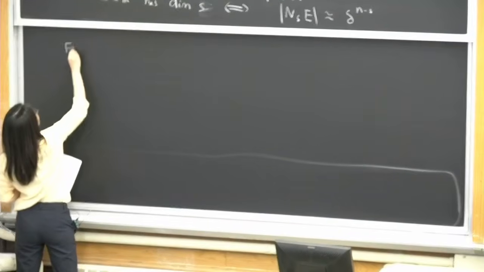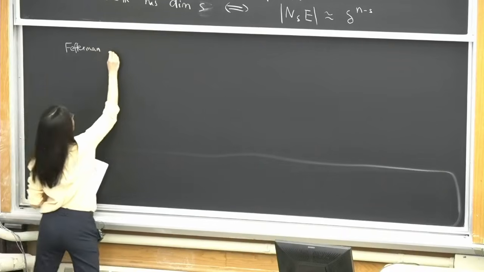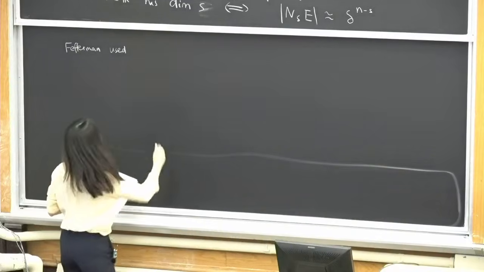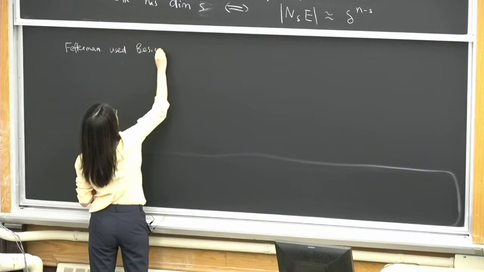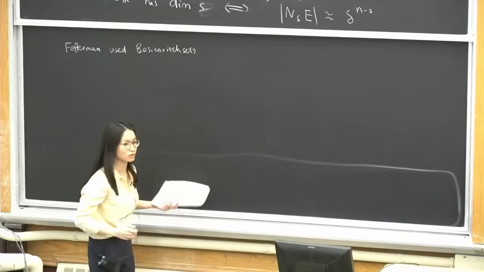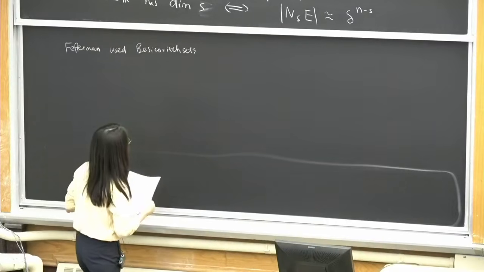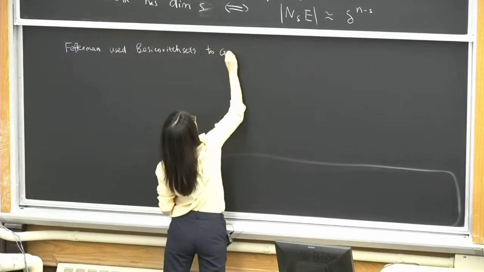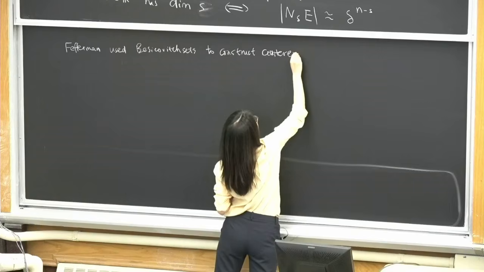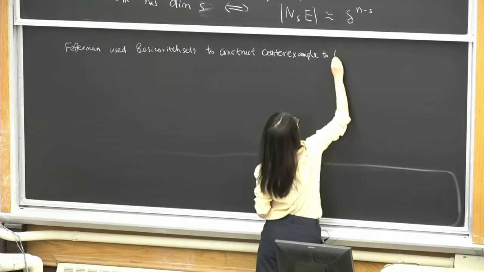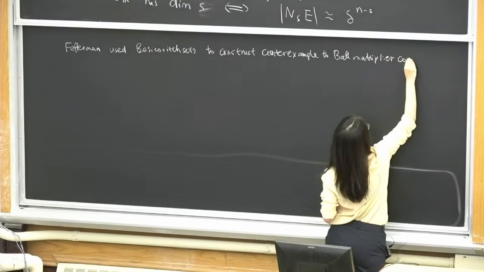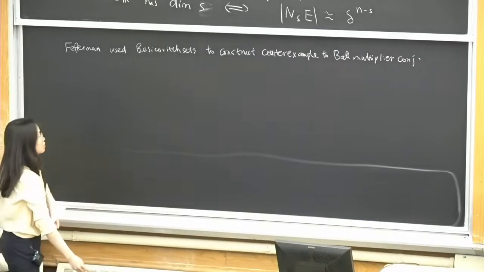Charles Fefferman used a Kakeya set of zero Lebesgue measure to construct a counterexample to the ball multiplier conjecture.